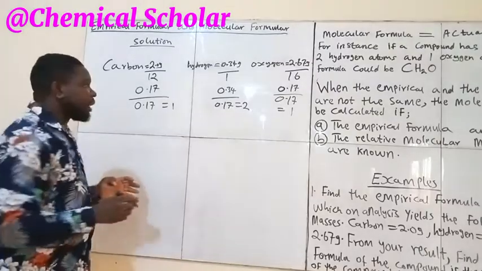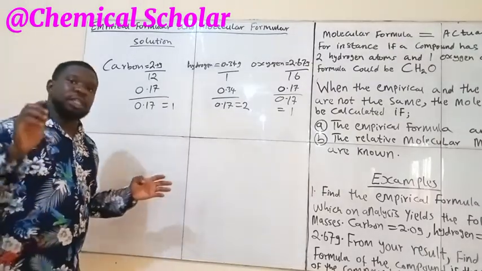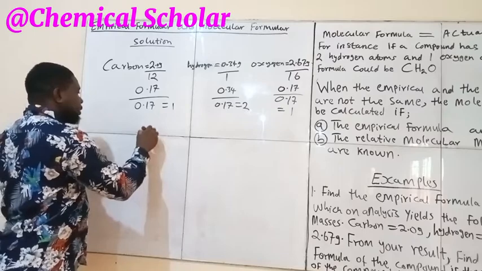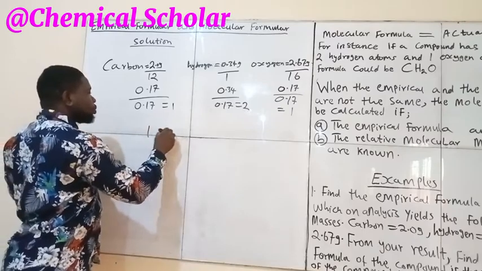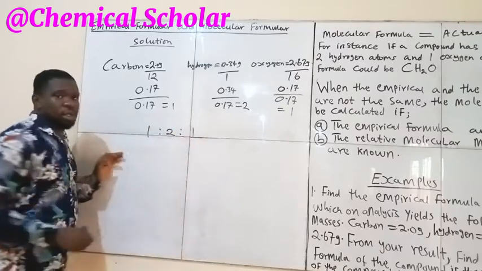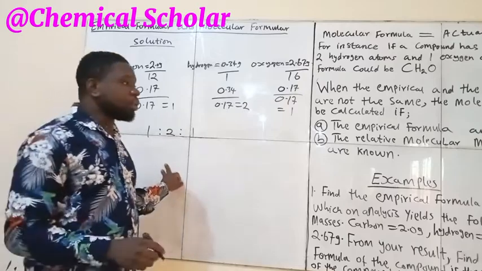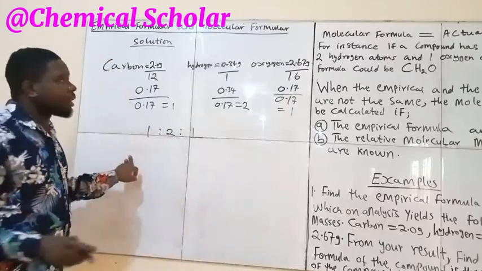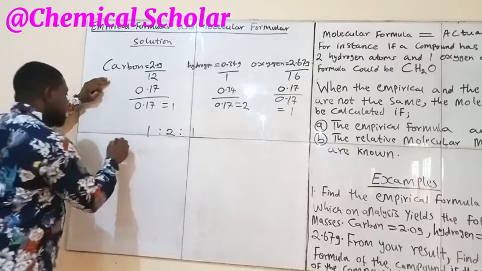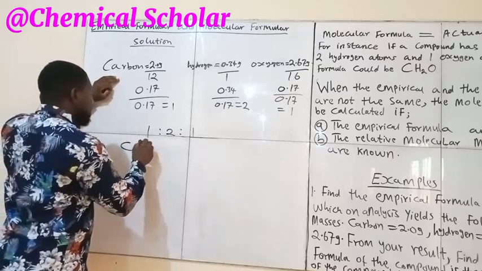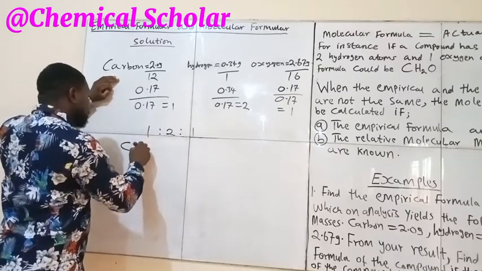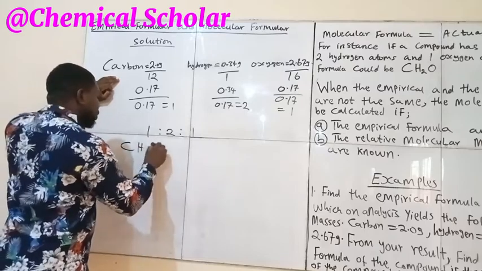So the mole ratio now is 1:2:1. Since we have this as the mole ratio, and the compound that combined together to form this is carbon, then we have hydrogen, and we have oxygen.